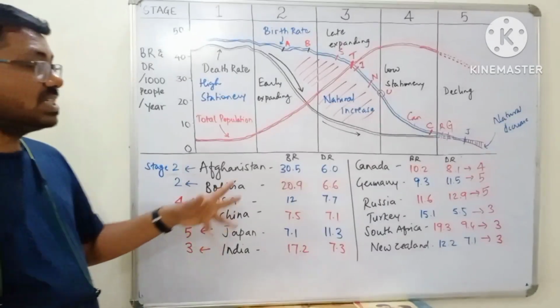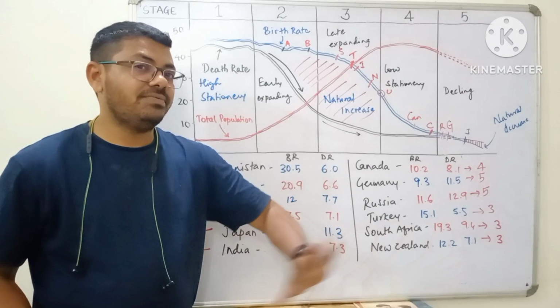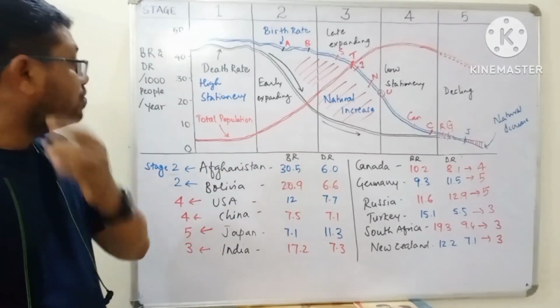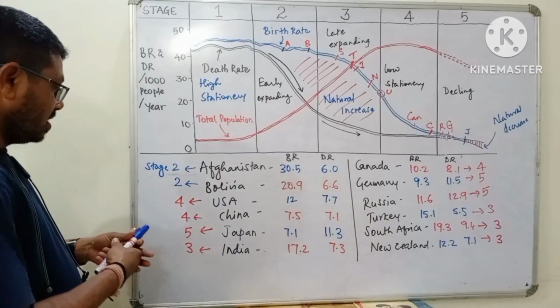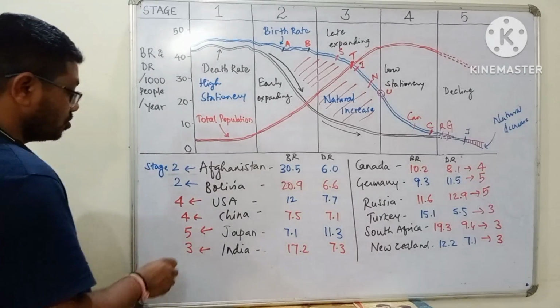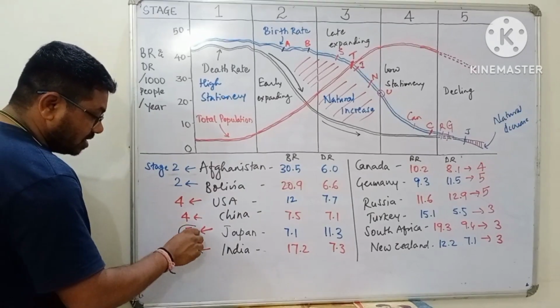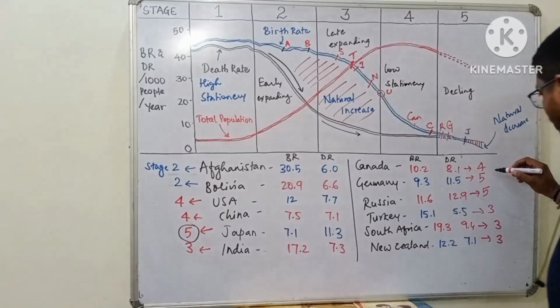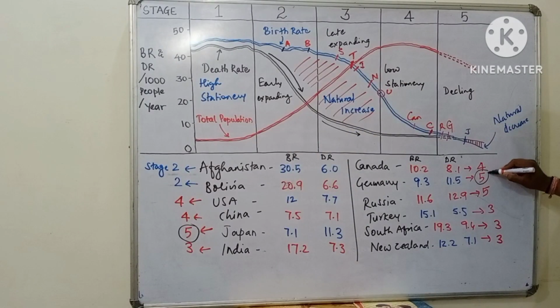Those countries which are in stage 3 will be in stage 4, but they have time. But first of all, just identify the countries which are in danger. So Japan is in danger because it is already in stage 5. Germany is in danger because it is also in stage 5. Russia is in stage 5. Right?